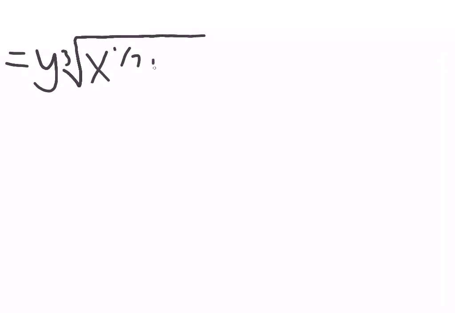I have y times the cubed root of x to the 1/7, y to the 7/3. Well, there is actually nothing more that I can do with this, because it actually is a simplified fraction.